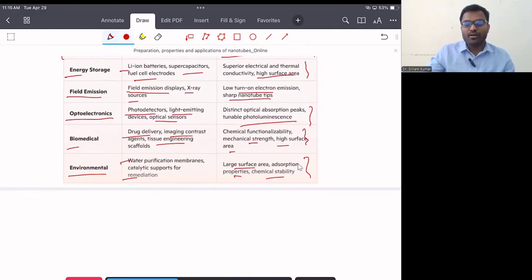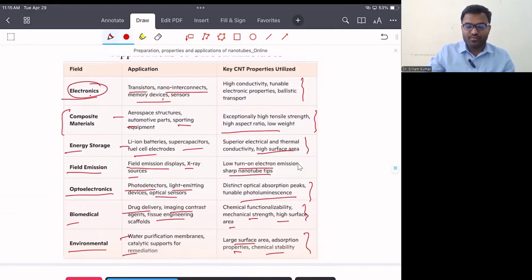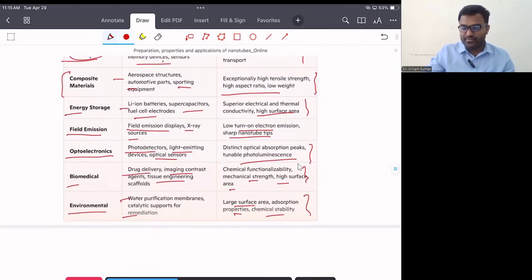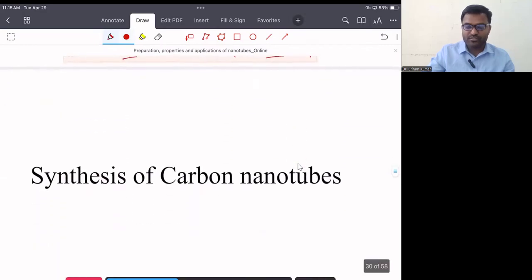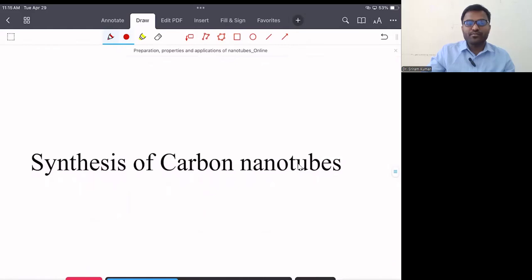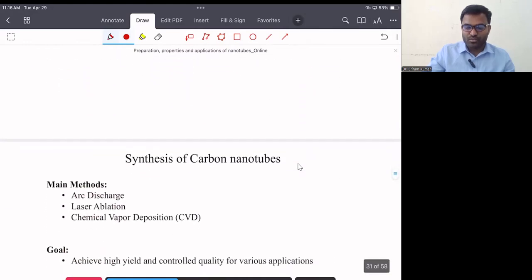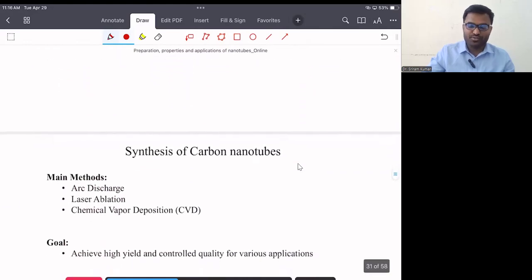So this is all about the applications of CNT in different areas of research. In the next class, we are going to learn how to synthesize carbon nanotubes using three different methods: the arc discharge method, the laser ablation technique, and chemical vapor deposition.